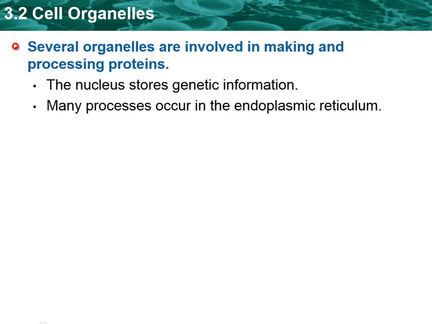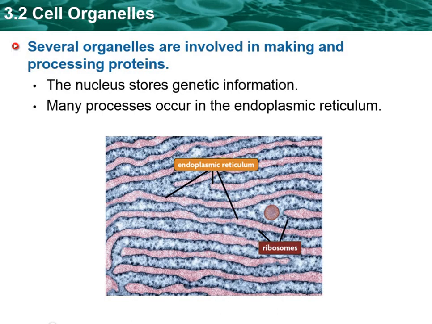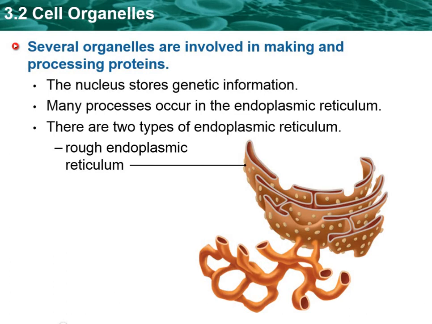So a lot of the things are going to happen in what's known as the endoplasmic reticulum, or the ER, which it's showing you here on the picture. The endoplasmic reticulum, there are two types of endoplasmic reticulum. You have rough ER, which gets the name because of those little bumps that you see on that picture, those are the ribosomes.